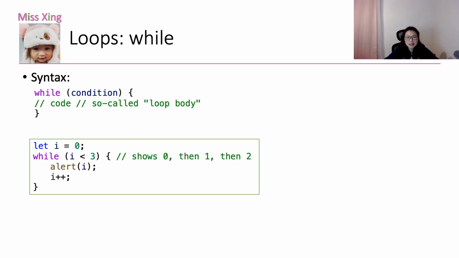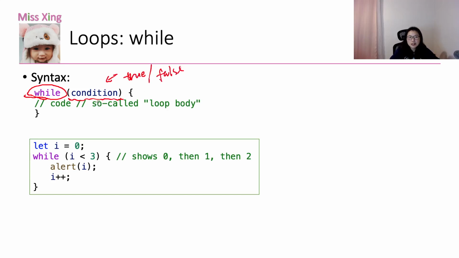So let's take a look at the first one, the while loop. The syntax of the while loop: you have the keyword while, and you have a condition here. This condition should return true or false, like when we do an if-else condition.